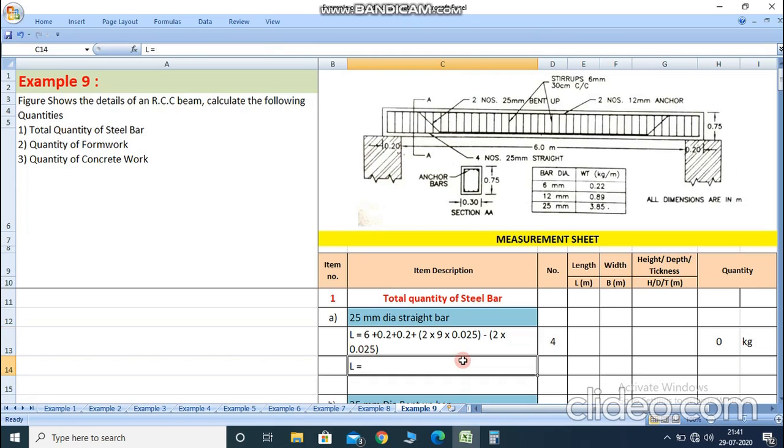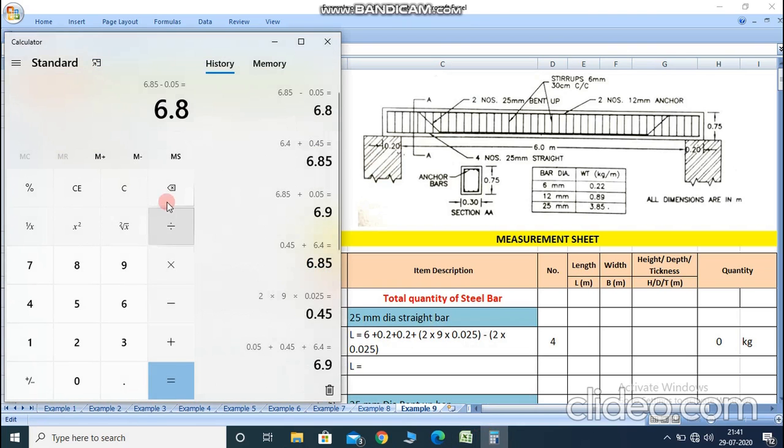Now we calculate the total length of the 25 mm diameter straight bar using the calculator. 6 plus 0.2 plus 0.2 is 6.4.